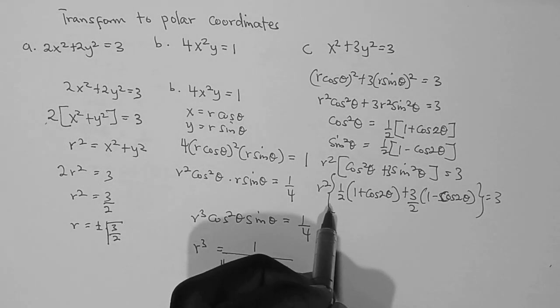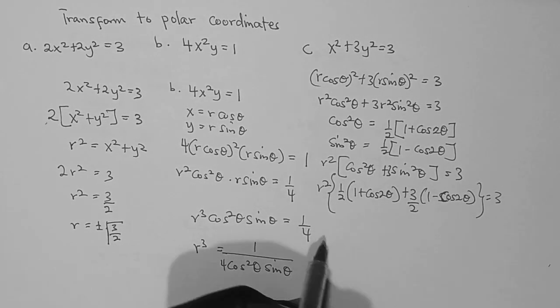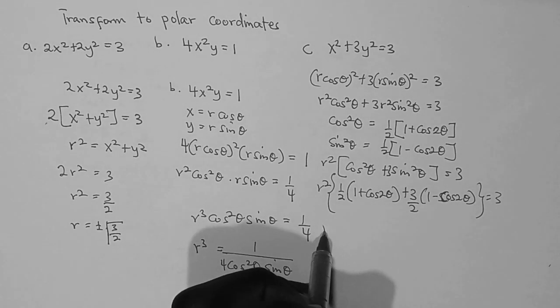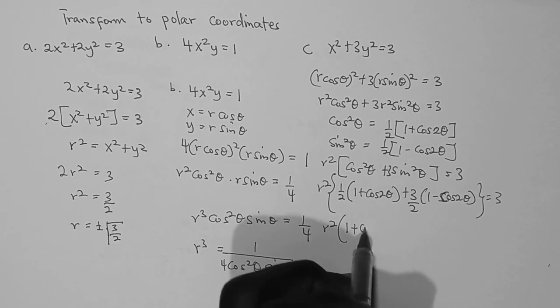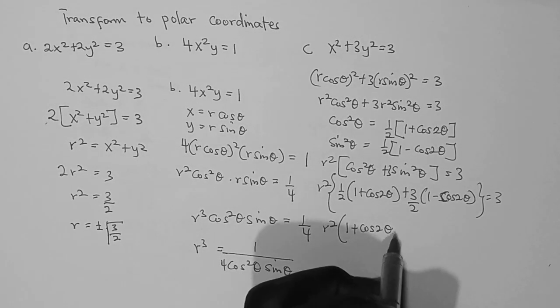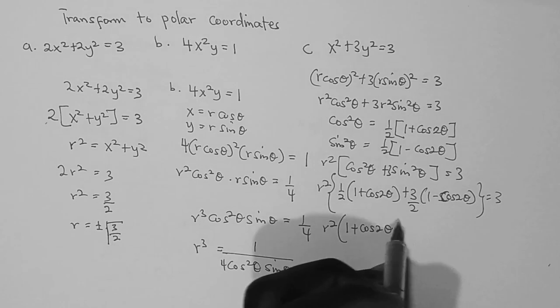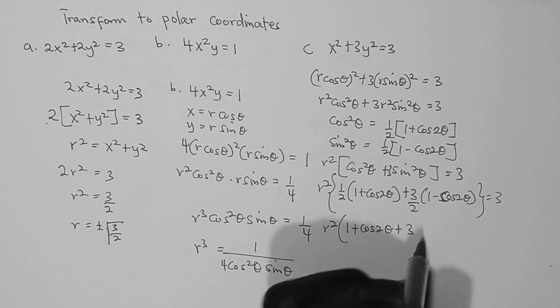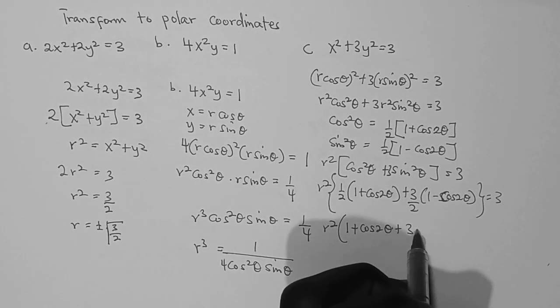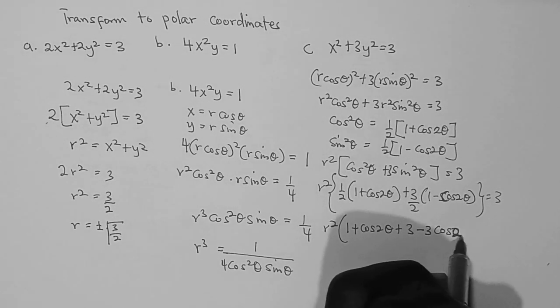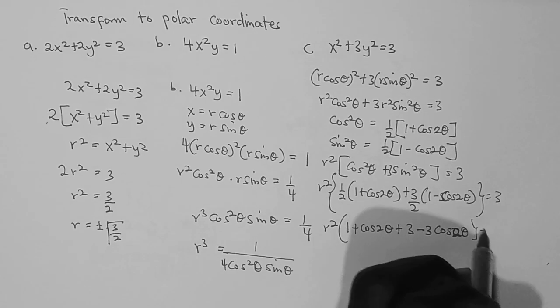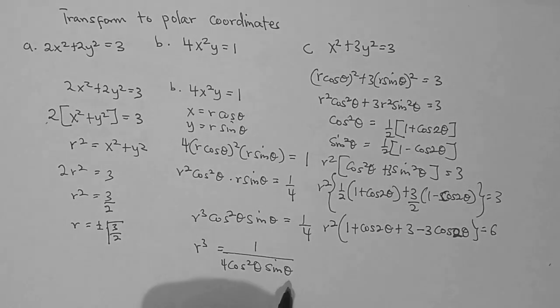Now if we multiply through by 2, it becomes r squared times 1 plus cos 2 theta, then plus 3 times 1 becomes 3, then 3 times minus cos 2 theta becomes minus 3 cos 2 theta, then equals 3 times 2 is 6.